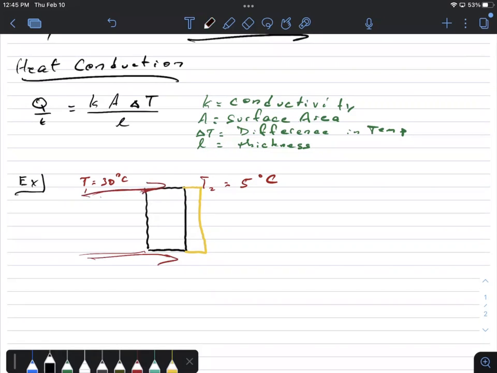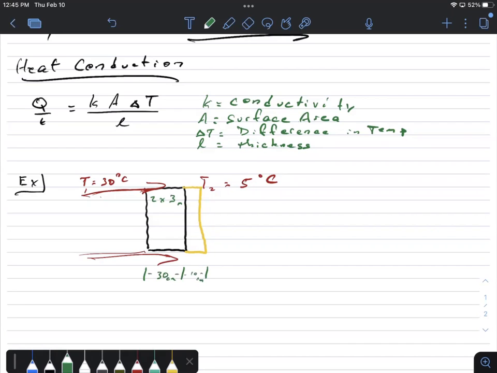Now, let's say we know some stuff here. What we know is that these two pieces of material are 2 meters by 3 meters in size, and they have a thickness. Let's say the thickness of this first material is 30 centimeters, and the thickness of the second material is 10 centimeters.